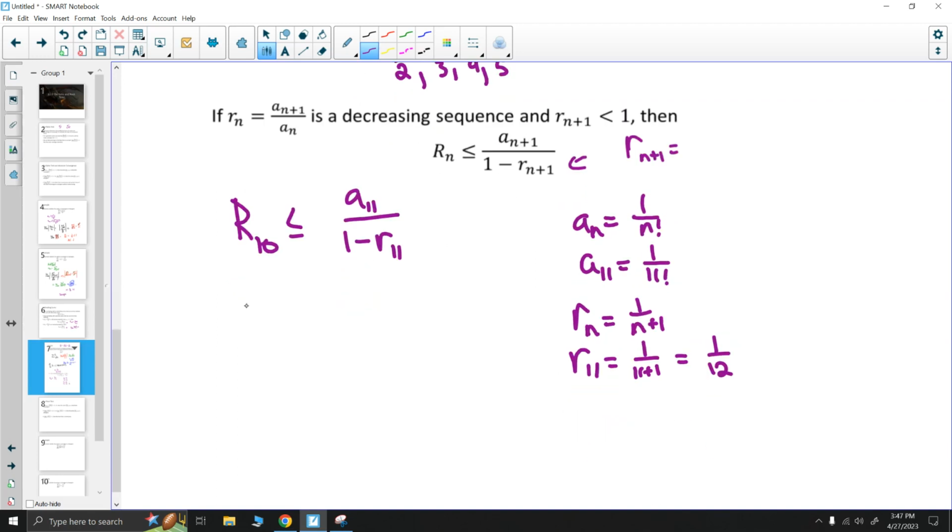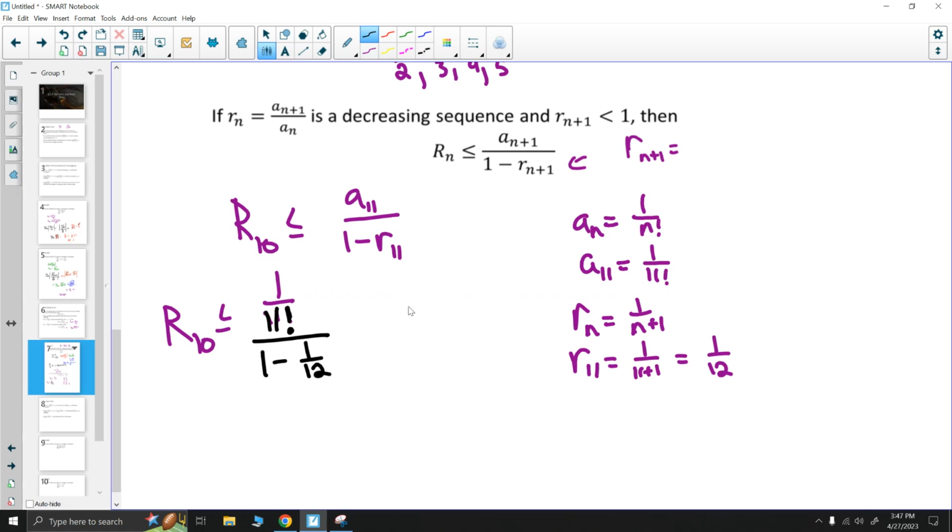So we plug this into our formula. R sub 10 is less than or equal to a sub 11, which was, again, 1 over 11 factorial. That is an 11, and this is an exclamation mark. And it's over our 1 minus r sub 11, which is 1/12.